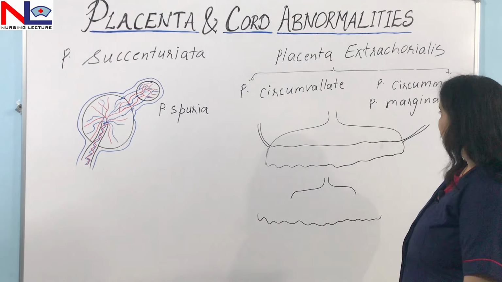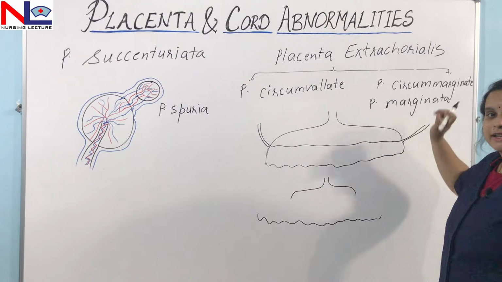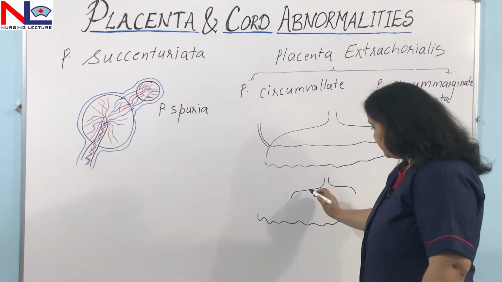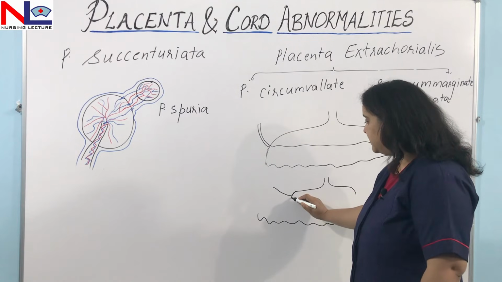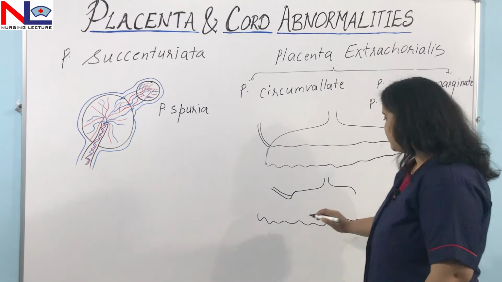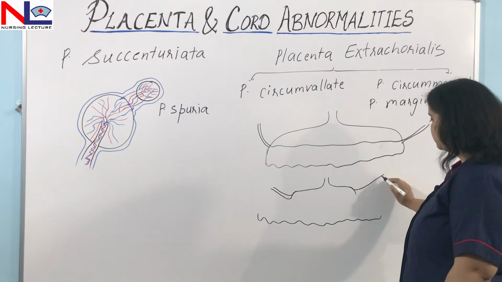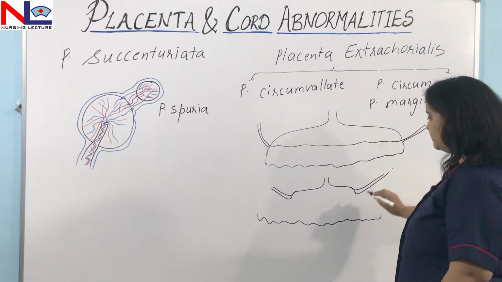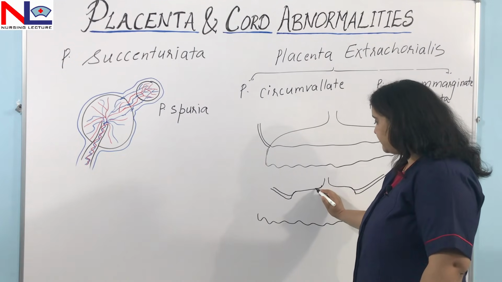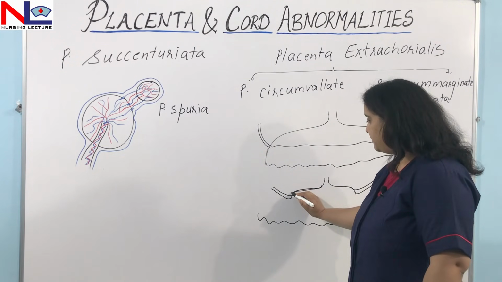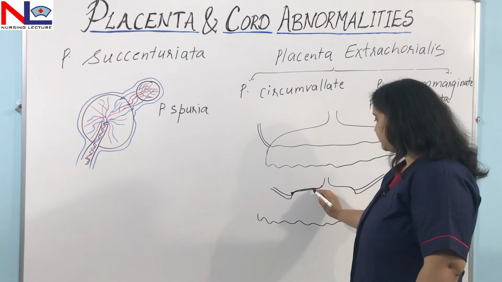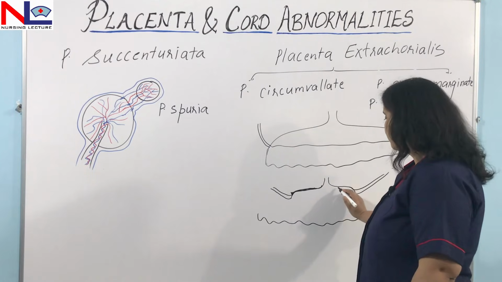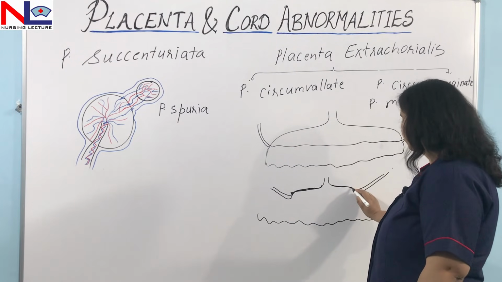So in that condition, what is happening? In placenta marginata, the fetal membranes insert from the central portion or near the central portion. So the chorionic plate bulges over here, and they form a thin fibrous ring.